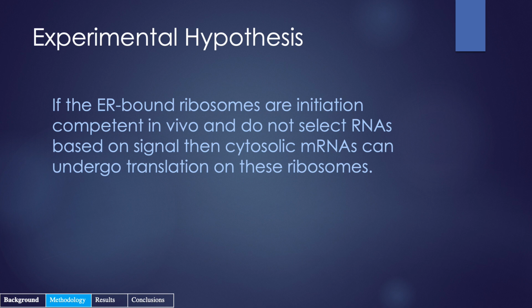So we all know that these cytosolic mRNAs will be mainly synthesized by the cytosolic ribosomes, and also the same for the endoplasmic bound ribosomes will be mainly synthesizing the mRNA that has these signal encoding sequences.